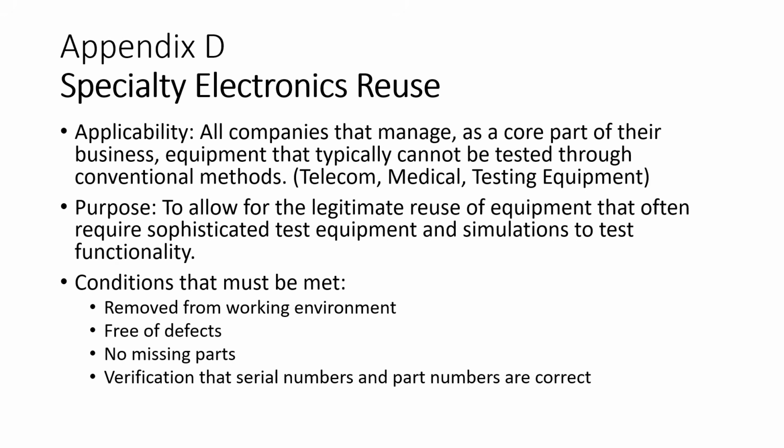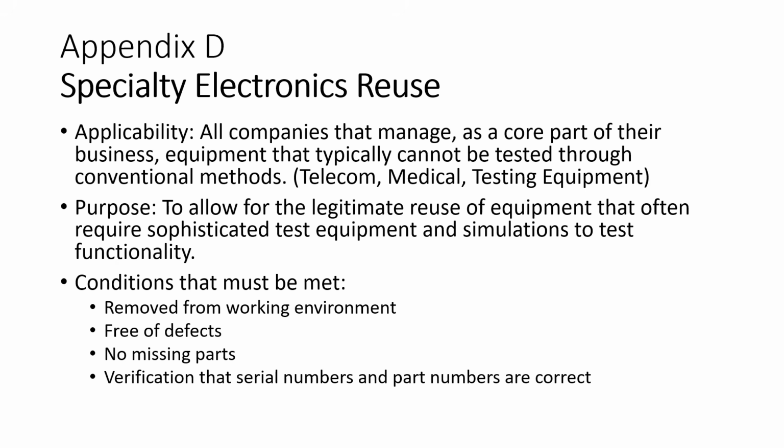In order to manage this type of equipment for reuse, there are several conditions that must be met, to include confirmation that the equipment has been removed from a working environment, free of any defects, corrosion, or things like that, no missing parts or components, and verification that the serial numbers and part numbers are correct.